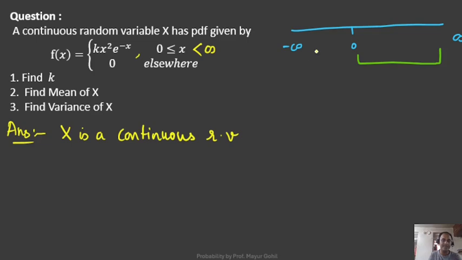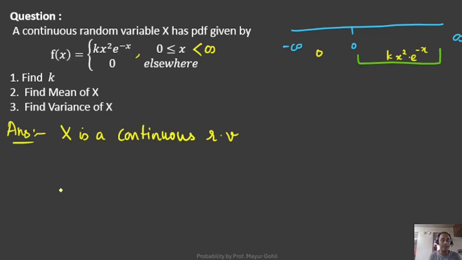From minus infinity to 0 it is 0, but here it is k x squared e raised to minus x. That is the definition of your PDF.